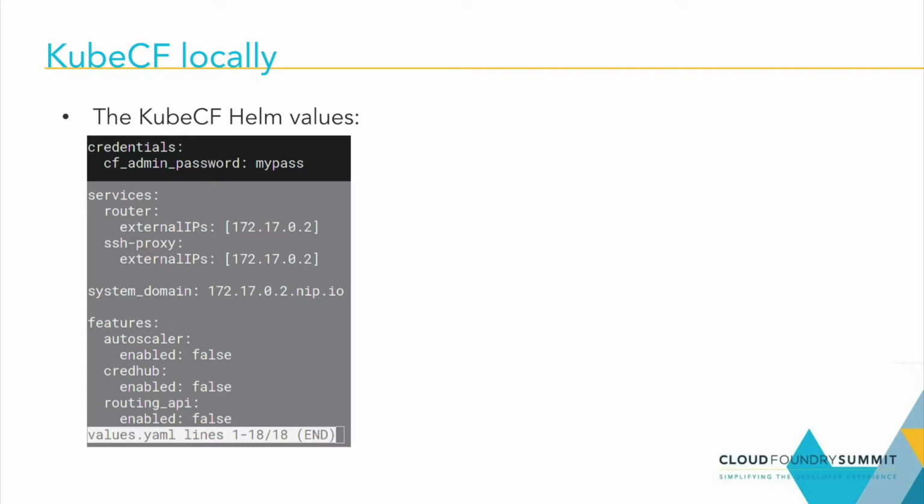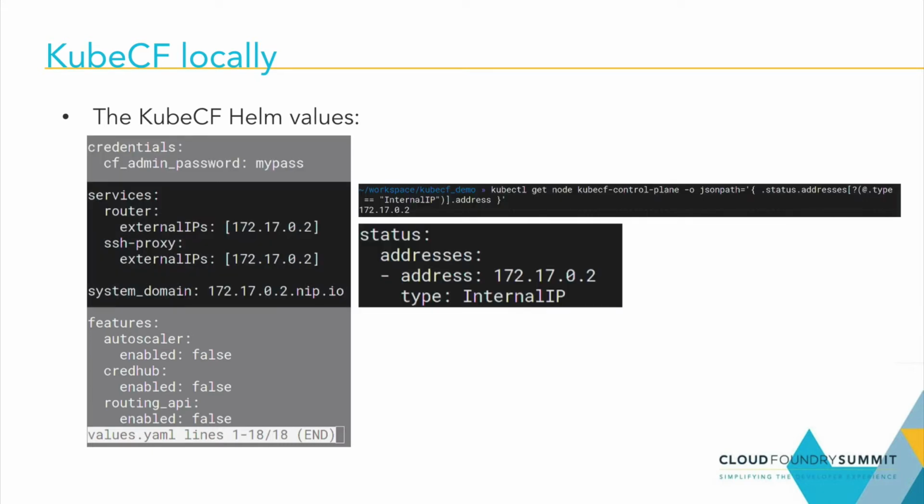First, here I'm passing a cfadmin password, so it makes it easy to log in as admin with the cf CLI later. And then we specify external IPs for the router and SSH proxy. Those IP addresses you can obtain from the KubeCF control plane. Note, if you get the node as YAML, you will see it under status addresses of the type internal IP.